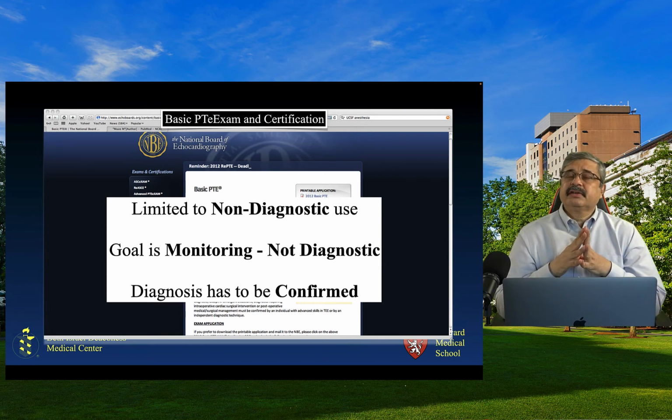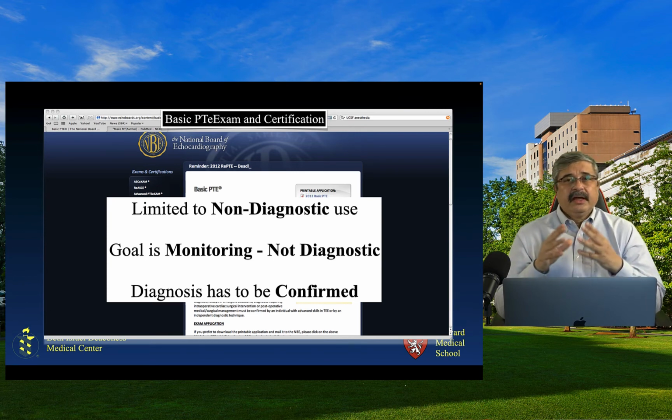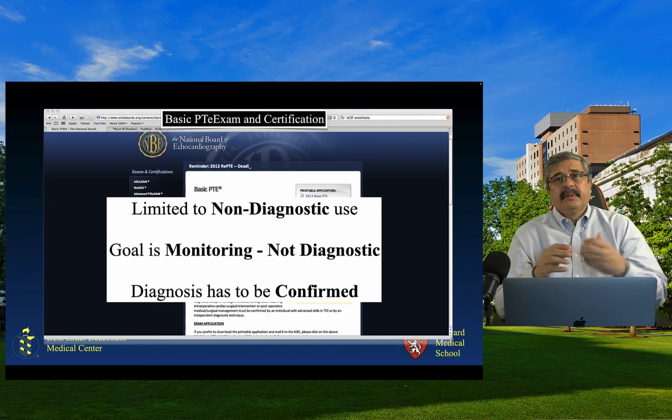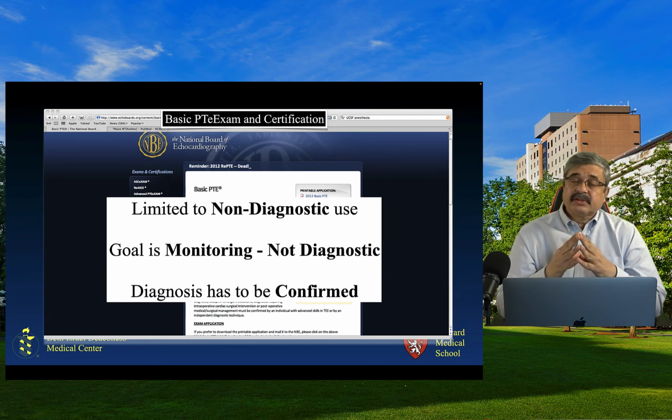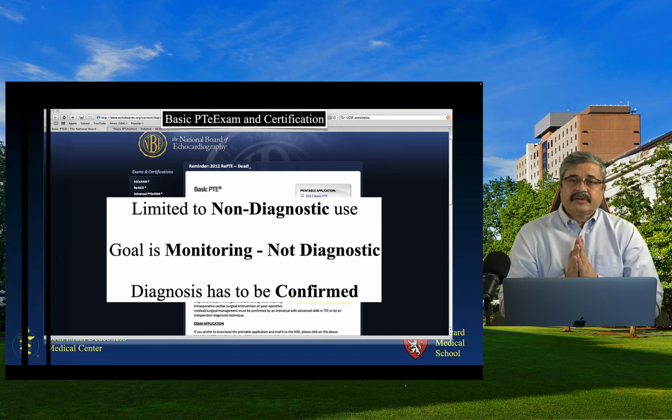In non-cardiac surgery, when transesophageal echo is performed, it is not to diagnose cardiac abnormalities, but to monitor the patient hemodynamically and follow response to therapy, and the diagnosis has to be confirmed with a more experienced and more advanced echocardiographer who is trained in the use of transesophageal echo.